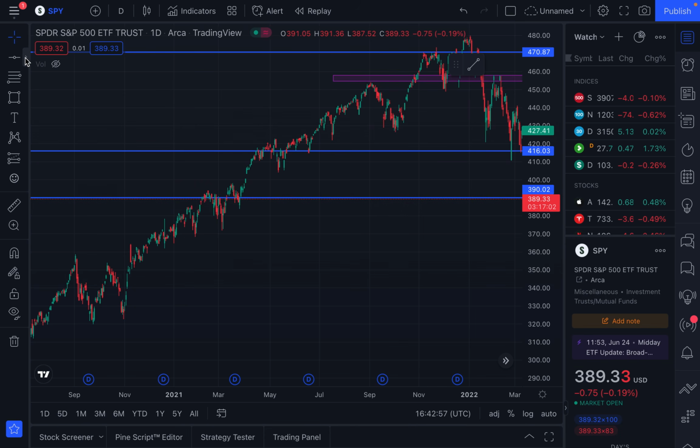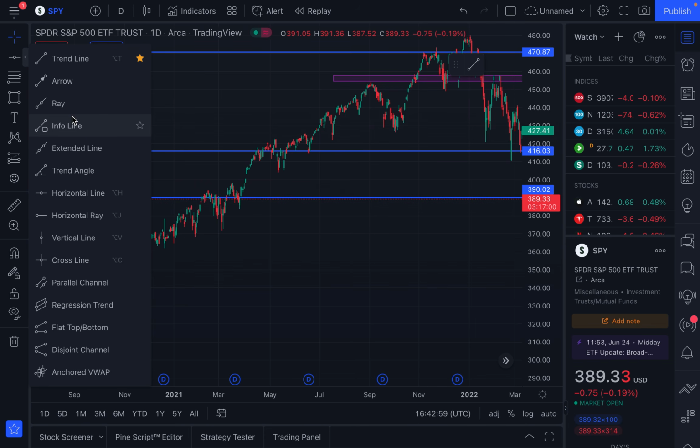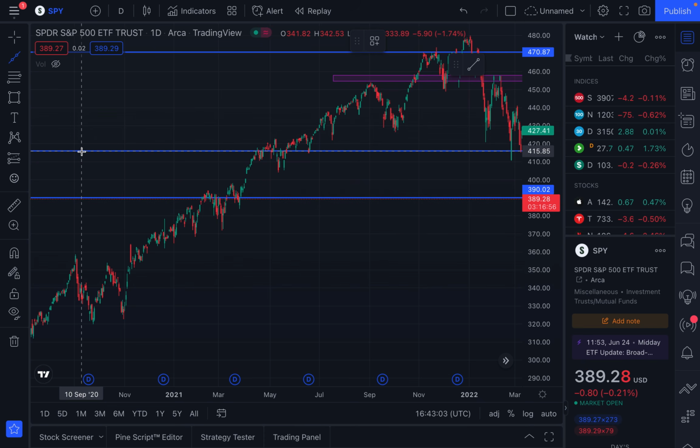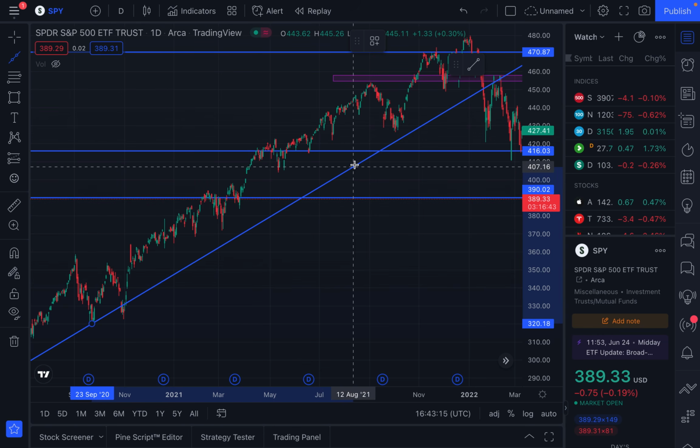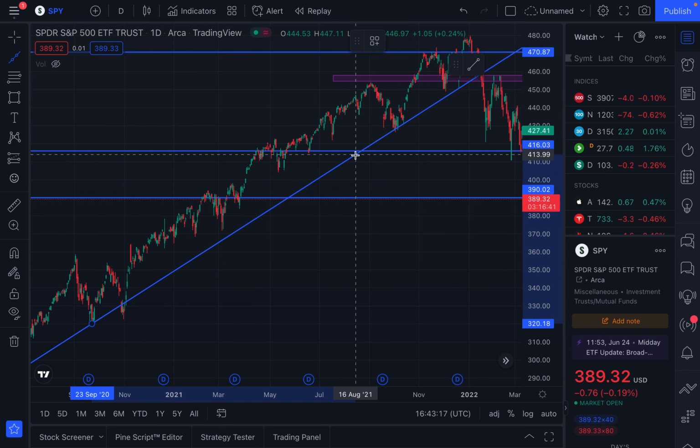So if we go over here, let's draw an extended line. Let's say I go to this level, right here, and I draw a line here like so, something like this, right?